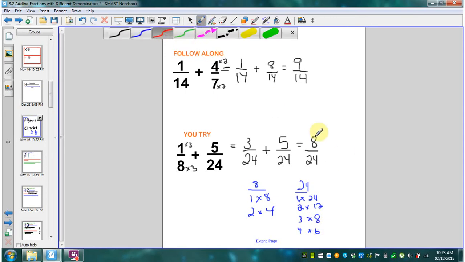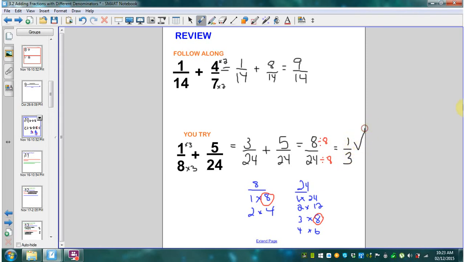So what's the greatest common factor here? We have 1 is common, 2 is common, 4 is common, and 8 is common. So 8 is our biggest common factor, so I'm going to use that one. I'm going to divide my top by 8 to simplify, and my bottom by 8. What's that going to simplify to? 8 divided by 8 is 1, and 24 divided by 8 is 3. So 1 over 3 is our best answer.